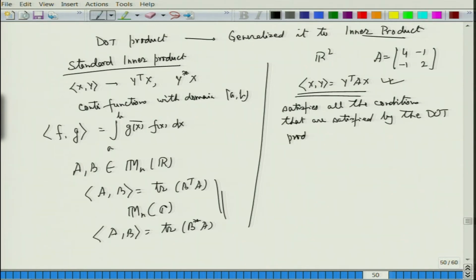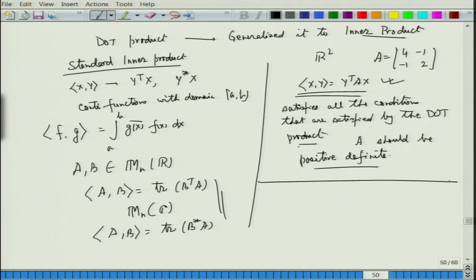Fine. So the only thing we wanted was that this matrix A should be positive definite. So we had a few exercises also with respect to this, and we calculated certain things here. Fine.